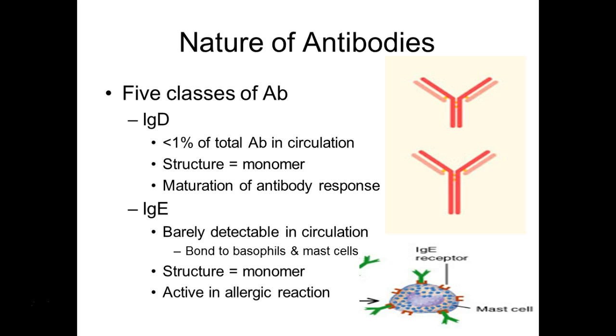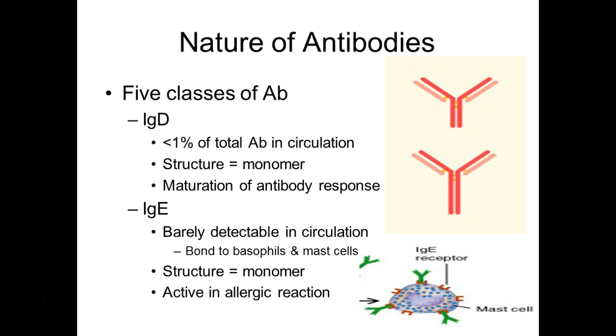And as I said, they're involved in allergic reaction because they bind to these mast cells and basophils, and they're already there. Once the first time you're exposed, your body becomes what we call sensitized and produces this class of antibodies.